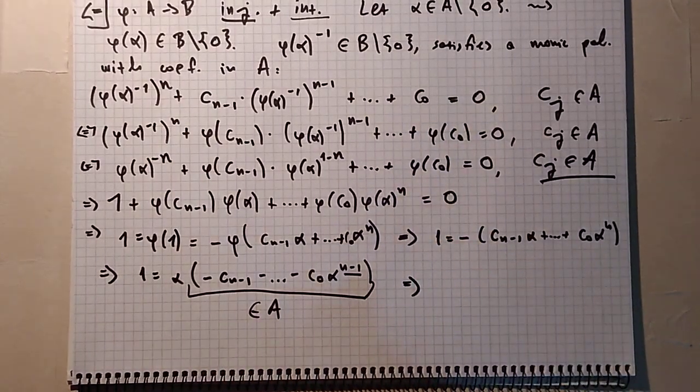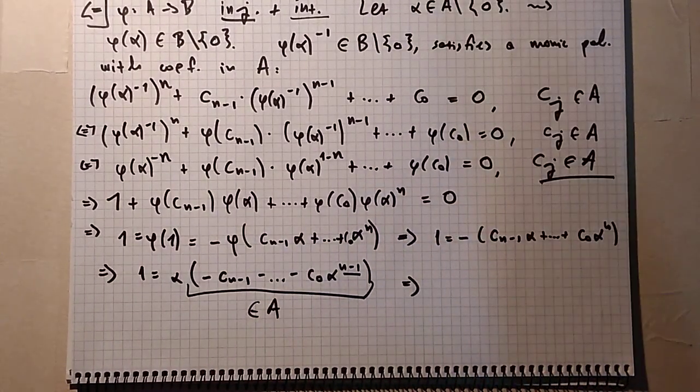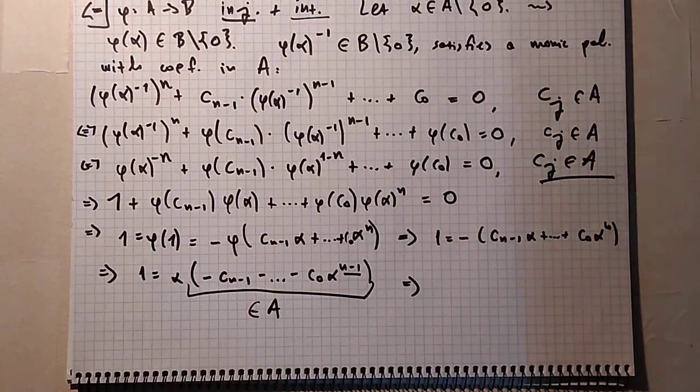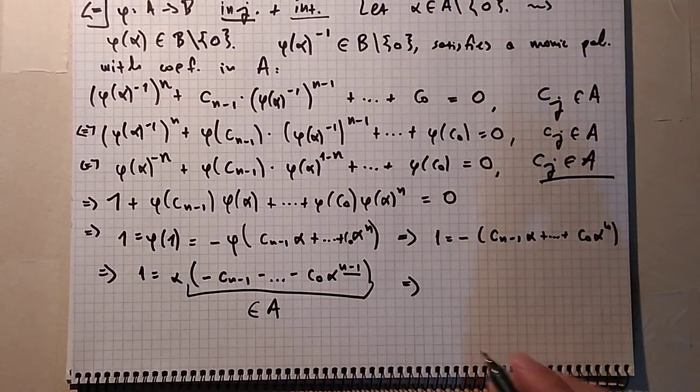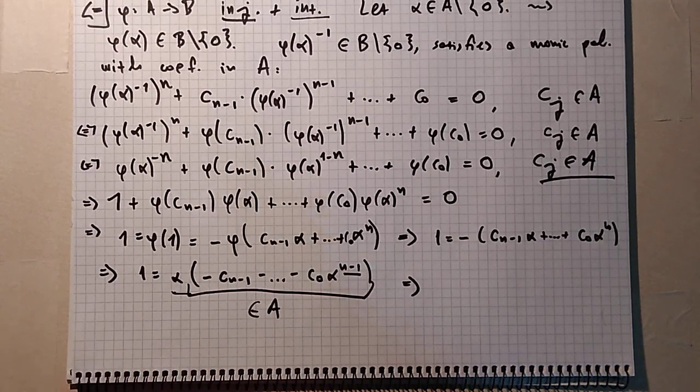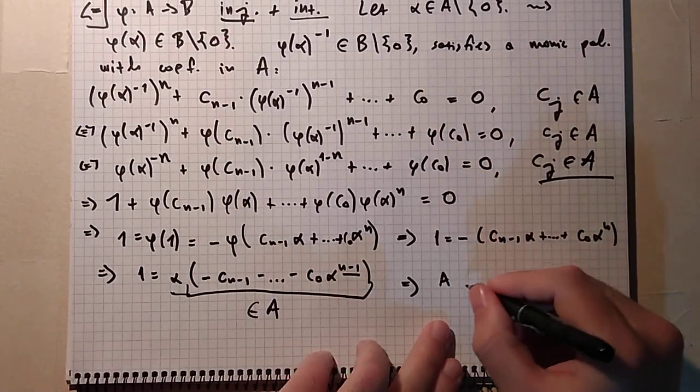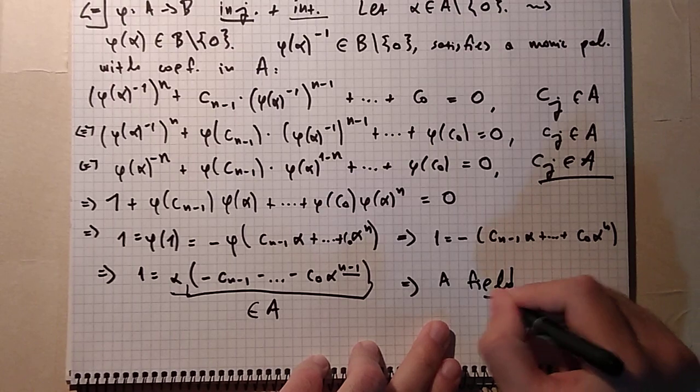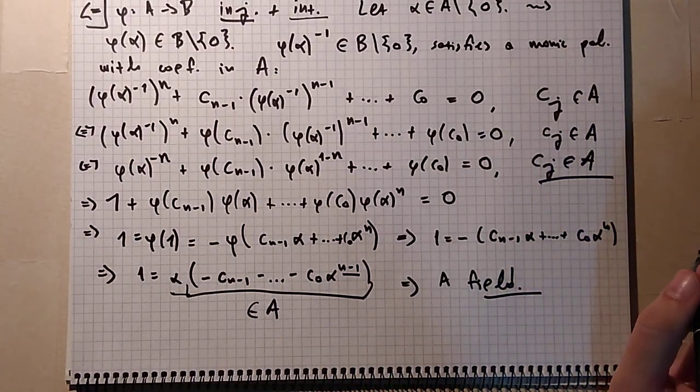And so we find an element in A such that I multiply it with alpha and I get 1. Well, this implies that alpha has an inverse living inside A, which of course implies that A is a field.